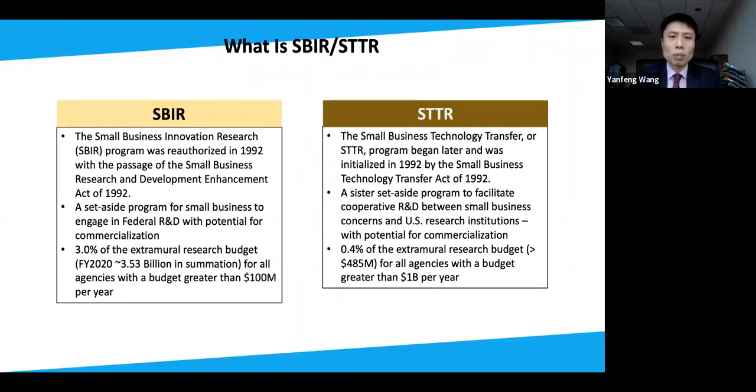SBIR is the Small Business Innovation Research program. Its sister program, STTR, is the Small Business Technology Transfer program. The first SBIR was started by the National Science Foundation in 1977. By the early 1980s, other federal agencies also participated.